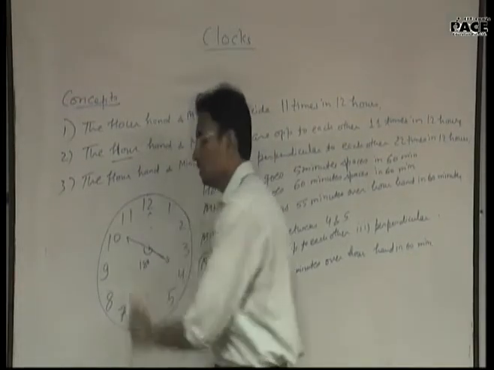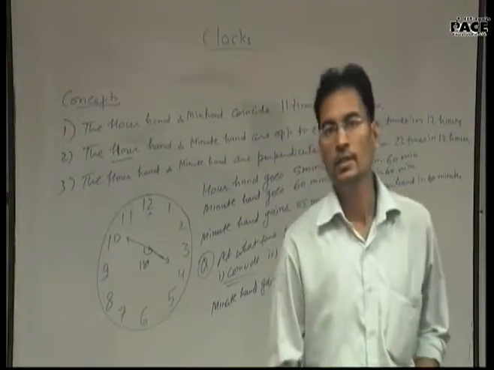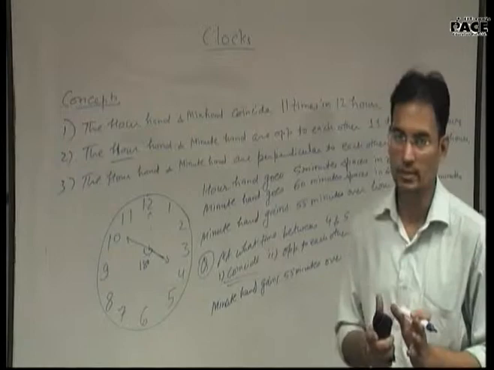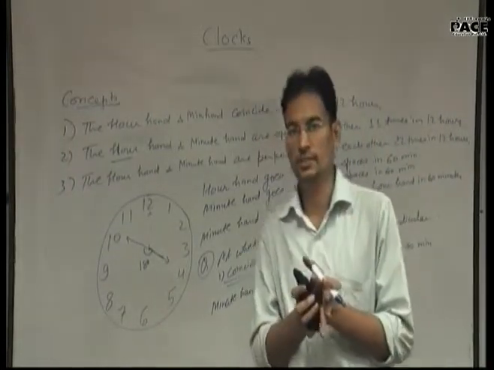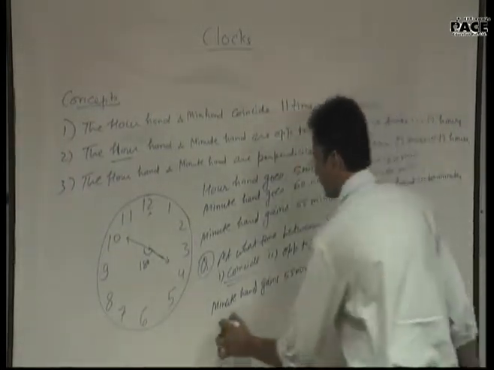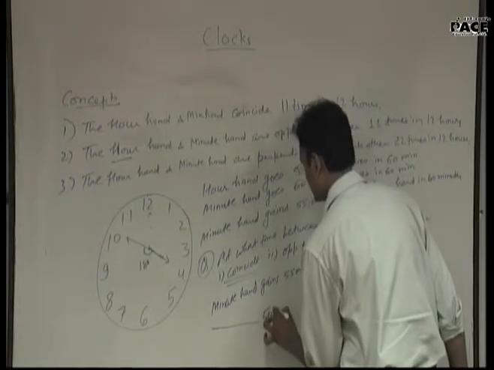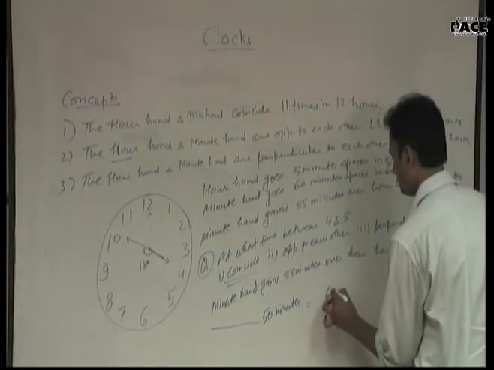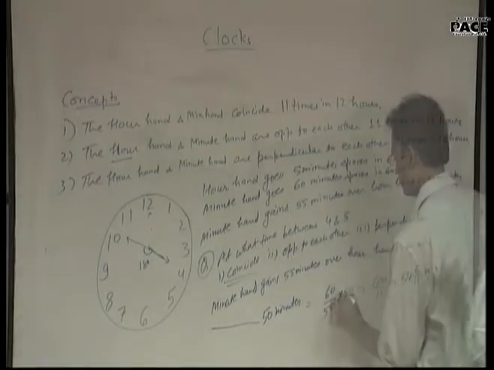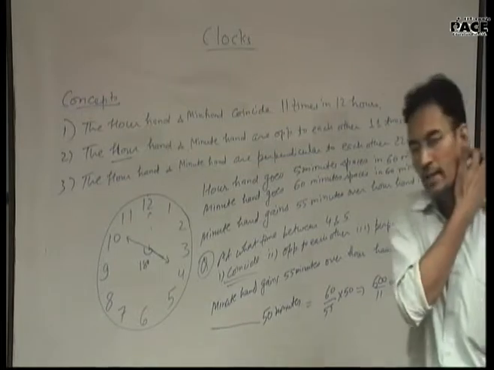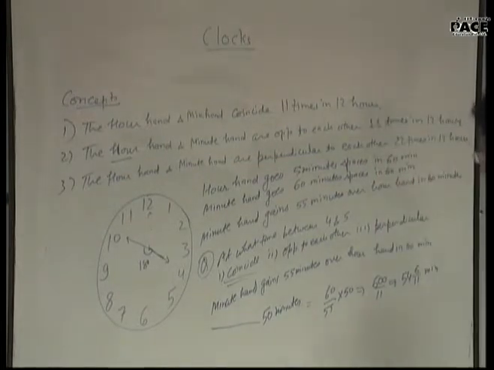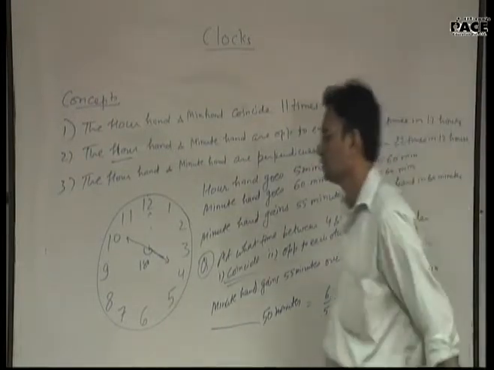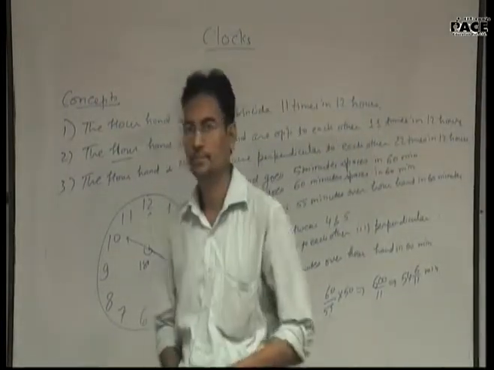It has to gain 50 minutes for the hour hand to be exactly opposite to each other. We are talking about the relative motion, so we have already taken the gains. So it has to gain 50 minutes, 54 6 by 11 minutes past 4. They are opposite to each other.